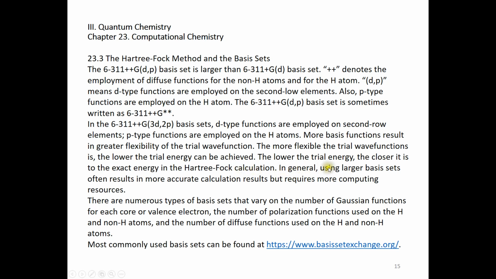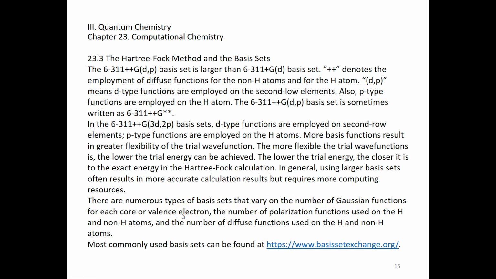In general, using larger basis sets often results in more accurate calculation, but it does require more computing resources. So we have to balance the accuracy and efficiency. There are numerous types of basis sets that vary on the number of Gaussian functions, the coefficients, the exponential parameters.